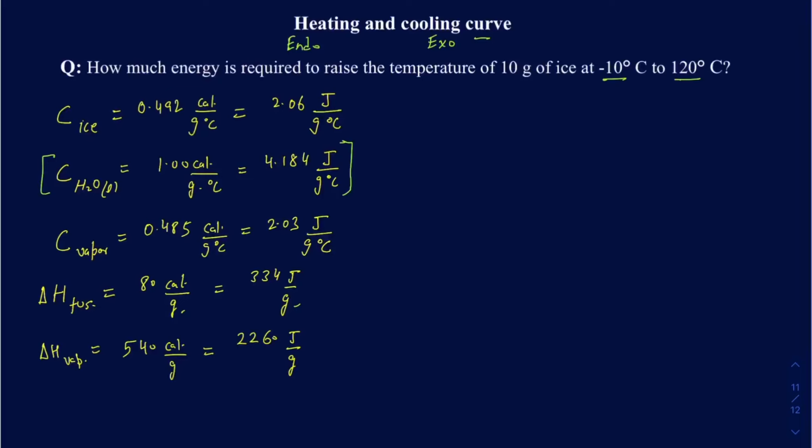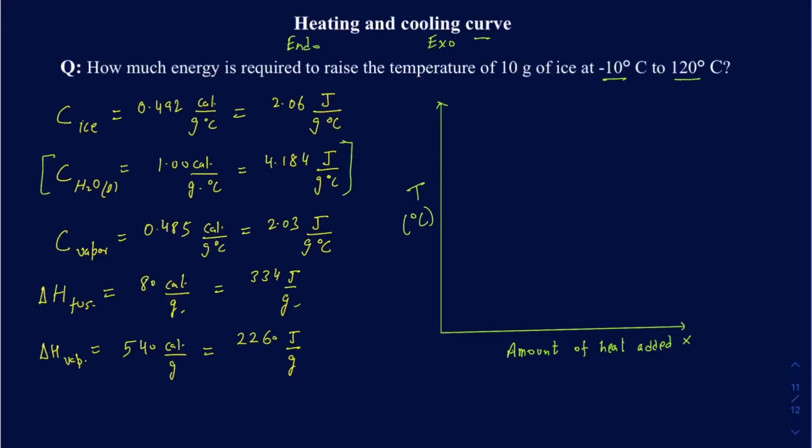So when I'm drawing the heating curves, and even the cooling curves as well, you want to have an x-axis and y-axis. On the x-axis, you're going to have the amount of heat added. In this particular case, since it's a heating curve, you want to write down amount of heat or energy added on the x-axis, and on the y-axis you will have the temperature, which in this case is going to be in degrees Celsius.